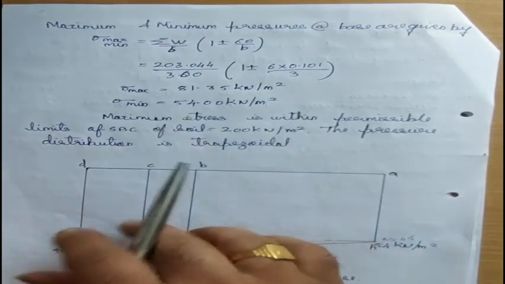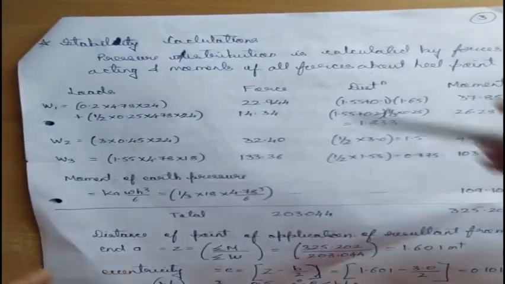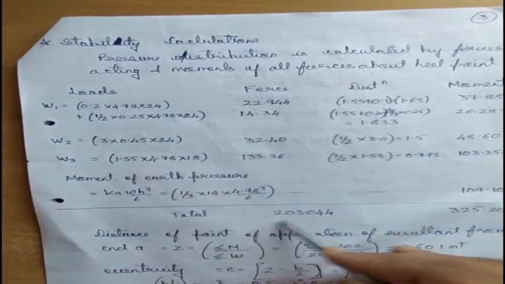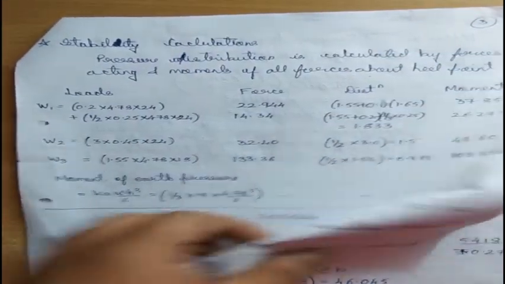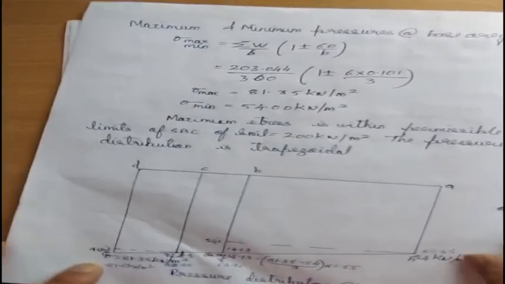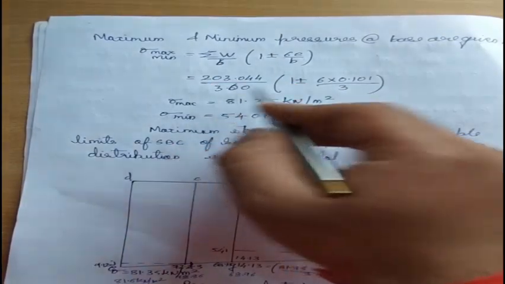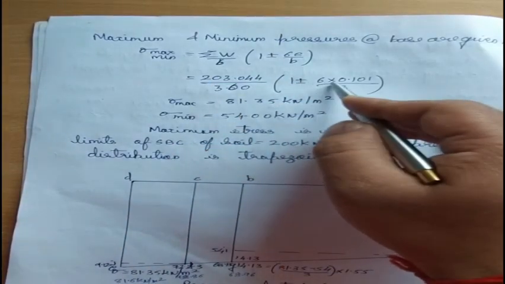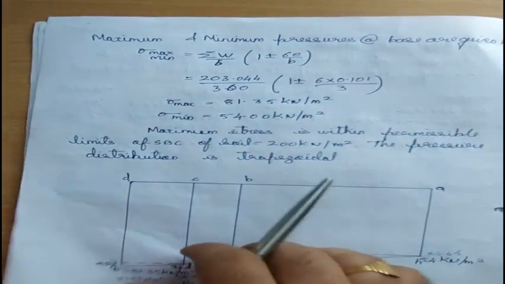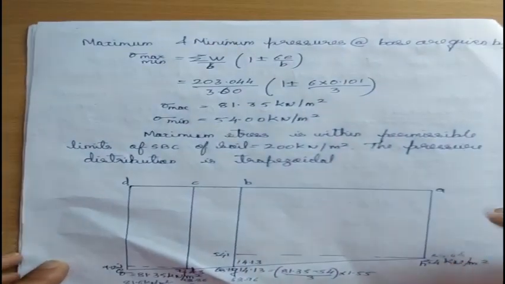So summation of forces we have computed in the table, which is here you can see, stability calculation force. Summation of force is 203.044. So this we will substitute here. So it is 203.044 divided by 3 meter width, 1 plus or minus 6 into eccentricity we have computed, which you can see here, which you have got as 0.101, okay, divided by 3.